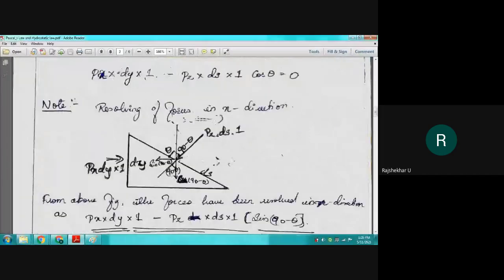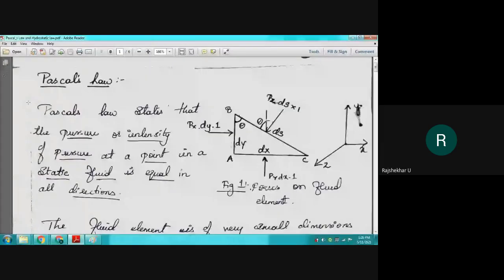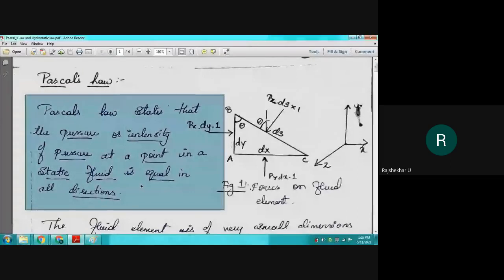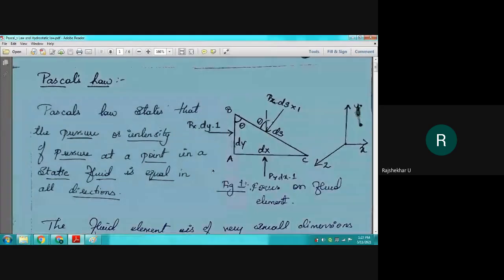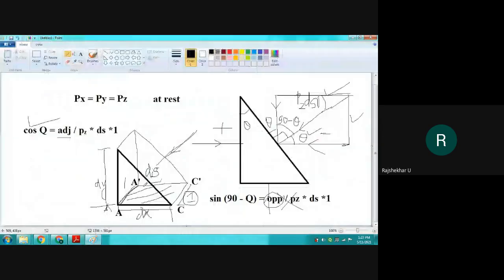So the entire derivation depends on this statement. That means pressure, or intensity of pressure, at a point in a static fluid is equal in all directions. That is px equals py equals pz. That is the meaning. Here with plain view it is not clear, but this will help you in understanding.